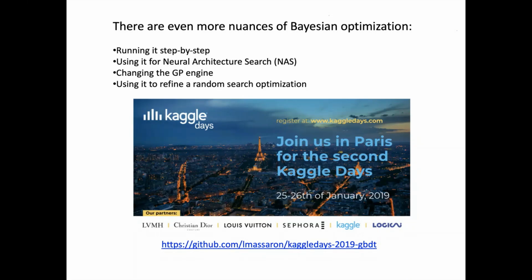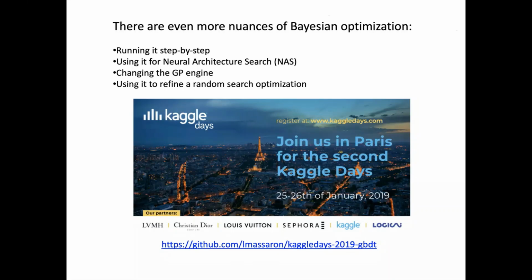But actually there's even much more. And there's another tutorial, which is a longer one. You can also have the video about this, which has been presented in Paris during the Kaggle Days in 2019, which is also using the same Scikit-optimize Bayesian optimization algorithm, showing how to run optimization step by step.